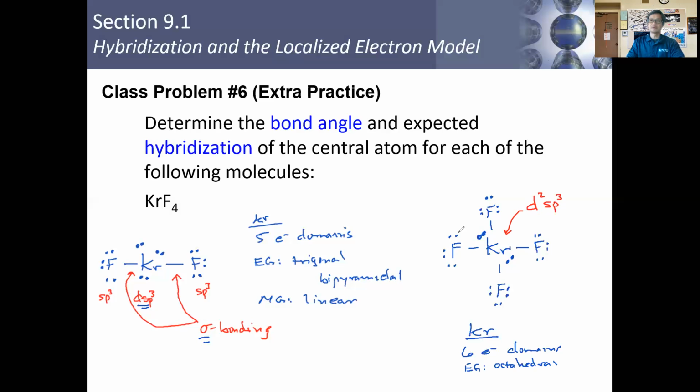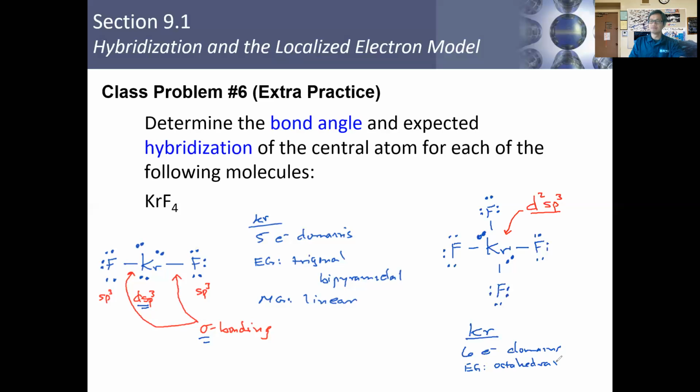The other way we can think about this, if you're given that information: all 6 of these electron domains are going to be degenerate, and therefore the only way you can have all 6 pairs being equal in energy is if they all occupy hybrid orbitals that are all equal in energy. So d2sp3 will give you 6 hybrid orbitals. These electron pairs will fall into each one of those 6, so that all 6 electron pairs will be degenerate, equal in energy.